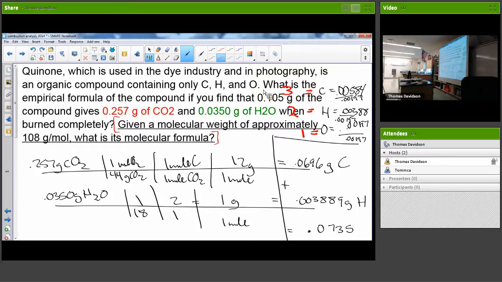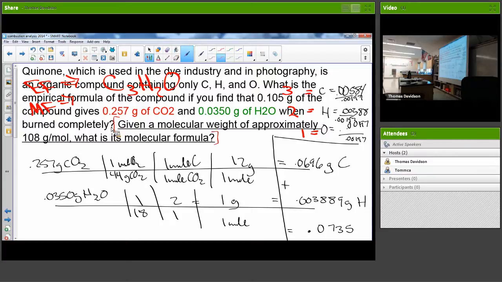That was not as terrible as the last one. C3H2O. Now, this process is finding the empirical formula. This, though, says given a molecular weight of approximately 108, what is the molecular formula?